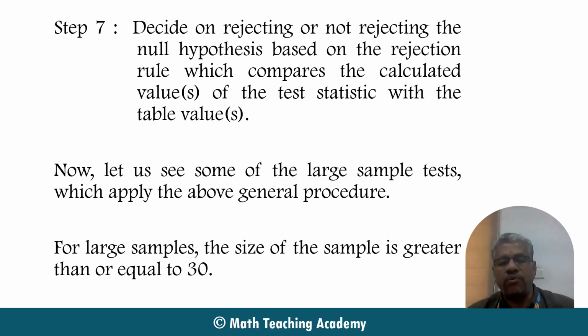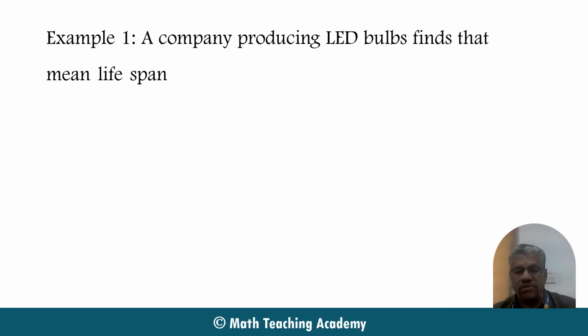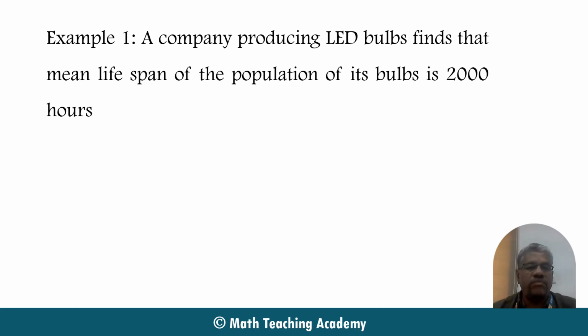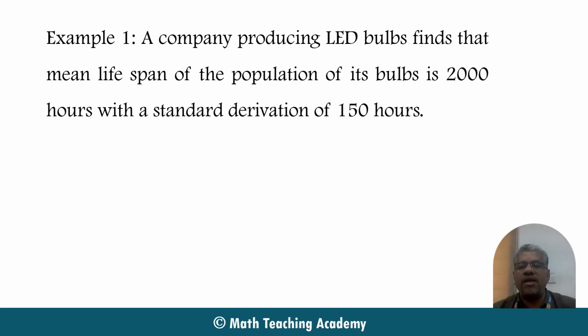So I already told you, right? For large sample test, the size of the sample is greater than or equal to 30. So we'll take an example problem. A company producing LED bulbs finds that the mean life of the population of its bulbs is 2000 hours with a standard deviation of 150 hours.